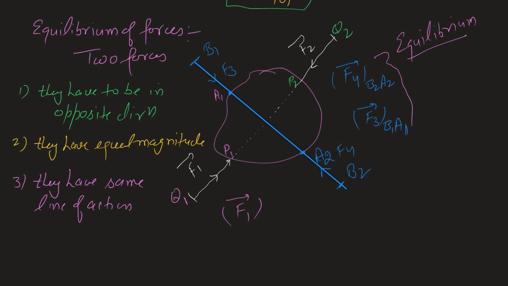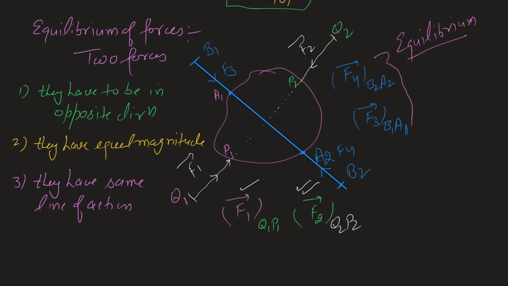So F1 is from Q1 to P1. This shows the direction. And F2 is from Q2 to P2. So both these forces are also in equilibrium.